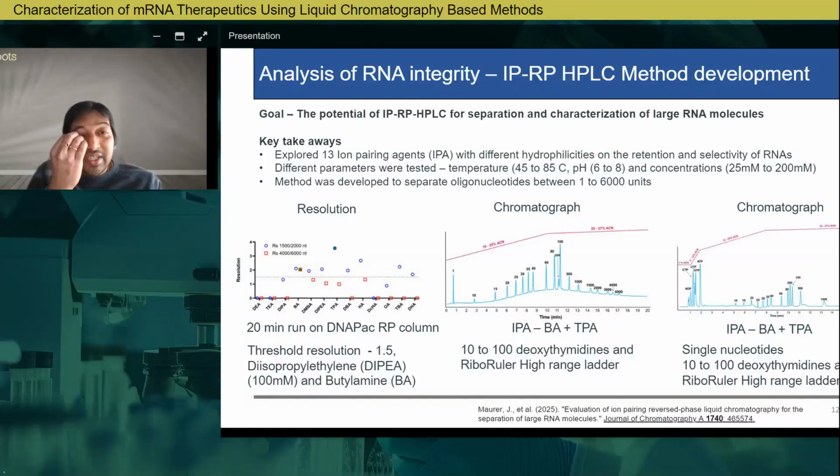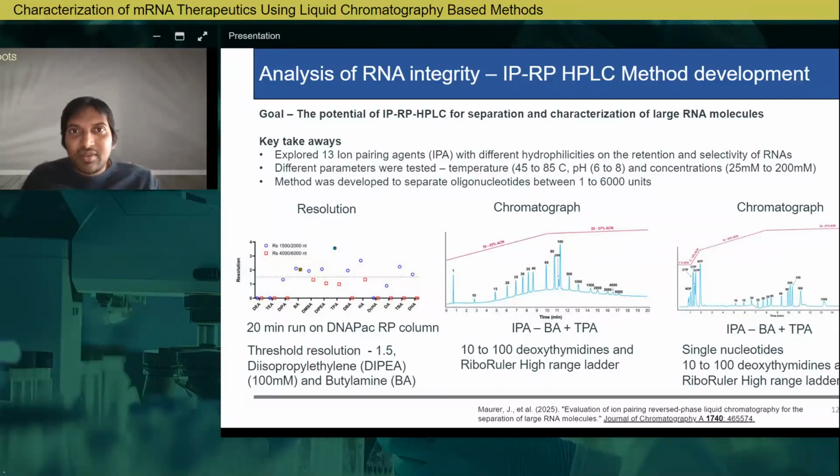So this is a great example of how RNA integrity can be identified, and this is one of the examples where this group was really showing how ion pair reverse phase liquid chromatography can be applied to identify RNA integrity. It's a very good paper to understand all these applications.